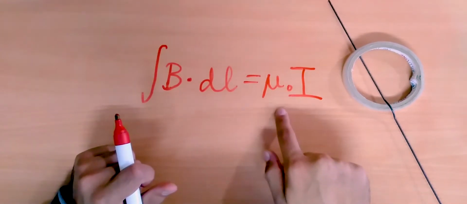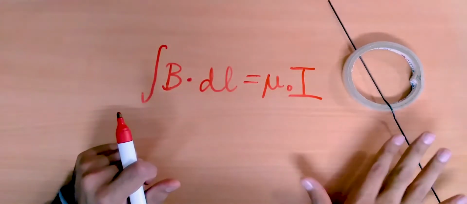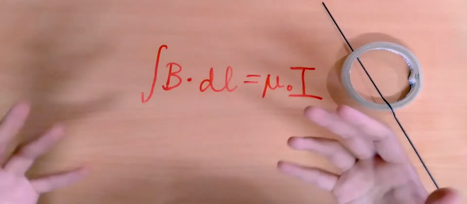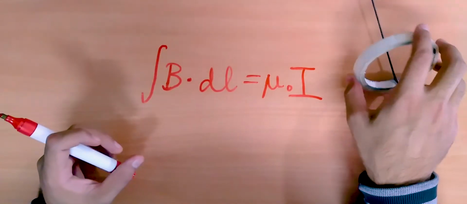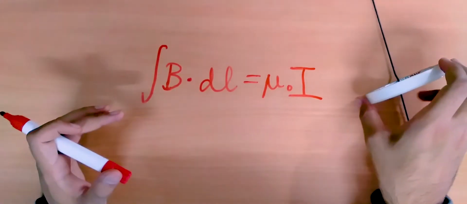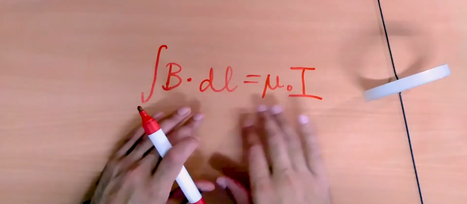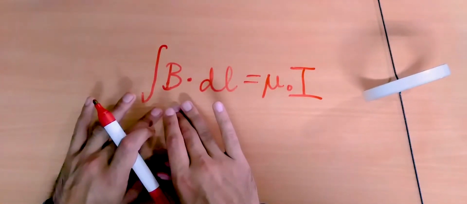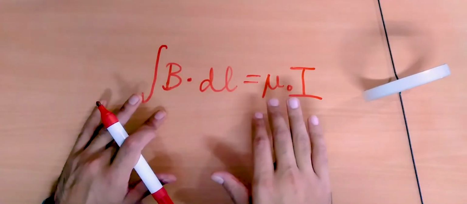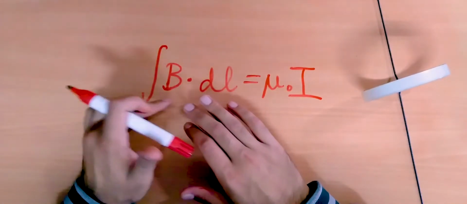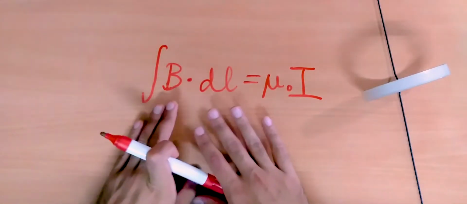Mu naught is a value that tells us how easy it is to create a magnetic field in that particular medium. If it is easier to generate magnetic field lines in that medium, you will have more magnetic field, and if it is not so easy, then you'll have a weaker magnetic field. So even that makes sense.